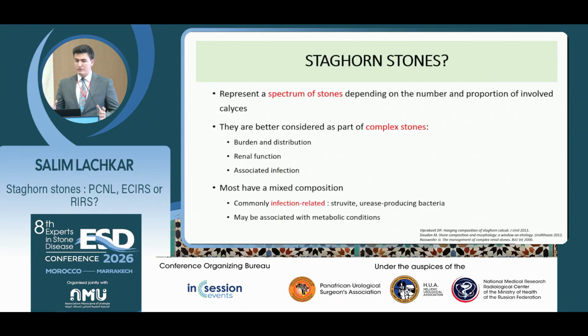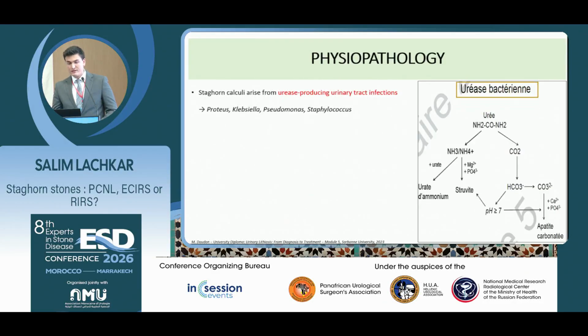Those spectrums of stones represent complex stones because they are often associated with infection and a decrease of the renal function. The staghorn calculi arise from urease-producing bacteria like Proteus, Klebsiella, which will hydrolyze urea into ammonium and carbon dioxide.